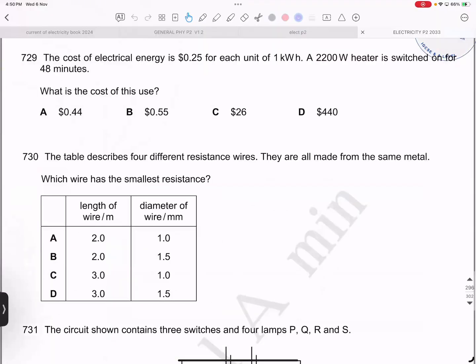Next question, question number 729. Cost of electrical energy is $0.25 per each unit, kilowatt hour. Kilowatt hour is the unit of electrical energy. Now, 2200 watt power is switched on for 48 minutes. First we find the electrical energy to find the cost. Energy is power multiplied by time.